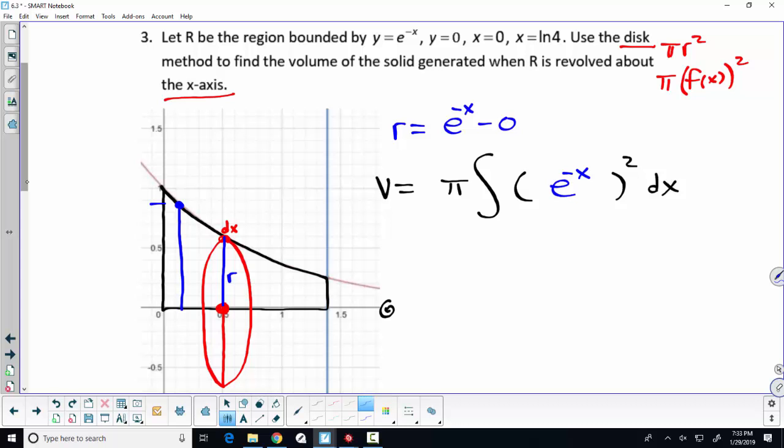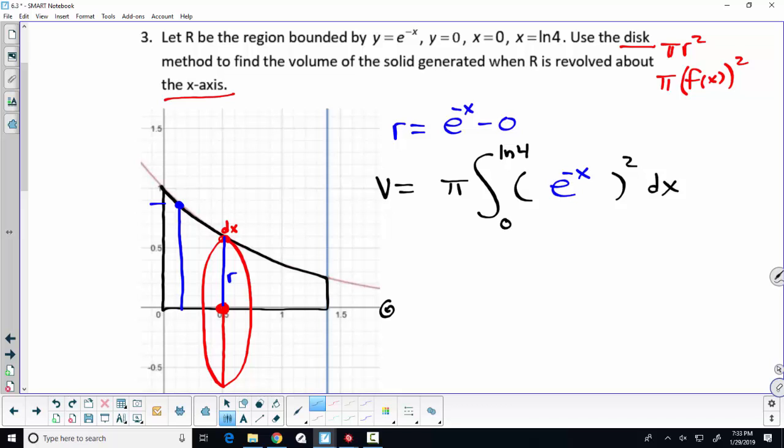So there's the area of our cross sections, pi r squared. Thickness gives us volume. We're just summing all of that up. X ranges from 0 to ln4. Are there any questions?